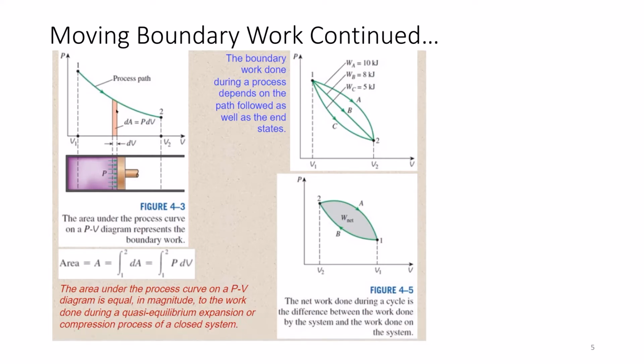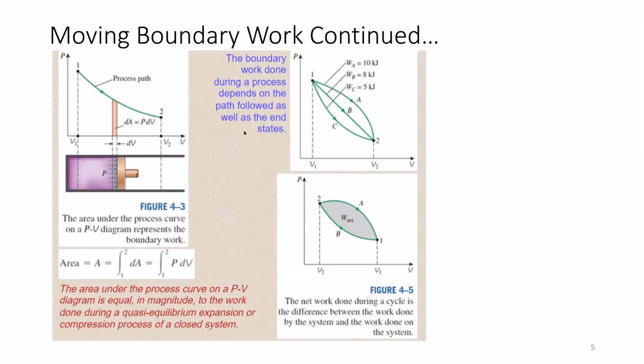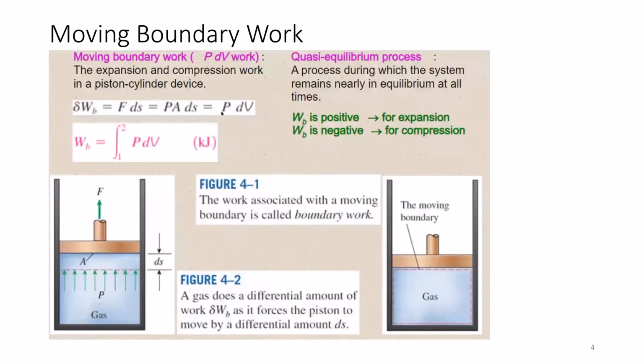And here's kind of the way to look at it, visually, what's happening here. So what are we doing when we're talking about this little incremental piece of work that's done? It's basically going to be this little delta A, right? The little delta A is this P dV, right here. Okay.